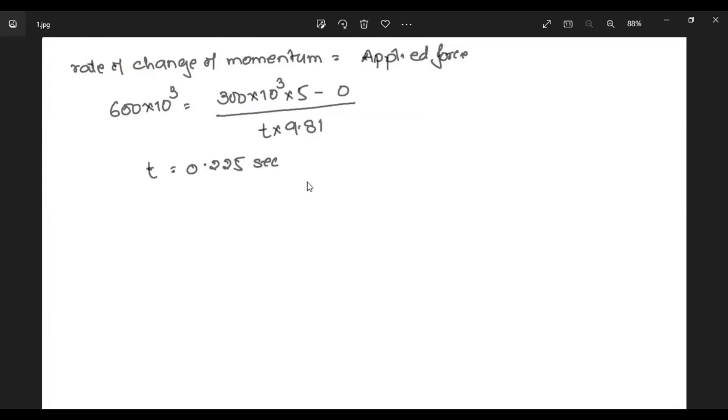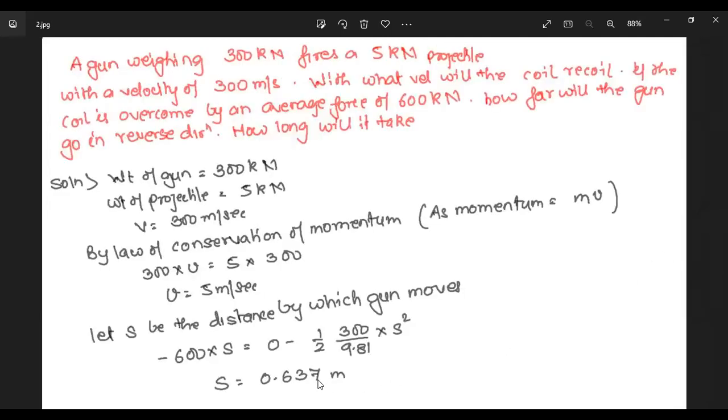So the time taken t is 0.225 second, and this 0.225 seconds is the total time in which the recoil takes place, over the distance traveled, which has been calculated earlier as 0.637 meters. So this is how you solve certain problems using impulse, momentum, and work done.